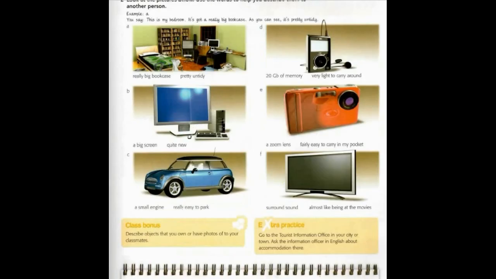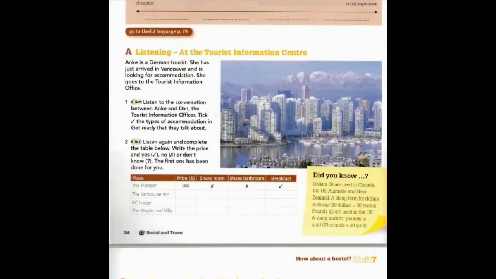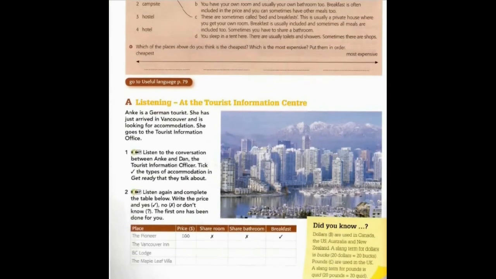Okay. So we have listened to that conversation between the German tourist and the tourist information officer, and we followed the transcription of that clip. What we need now is to know something in terms of the bucks. The word bucks has been mentioned so many times.